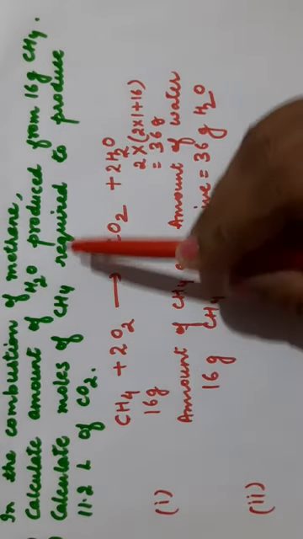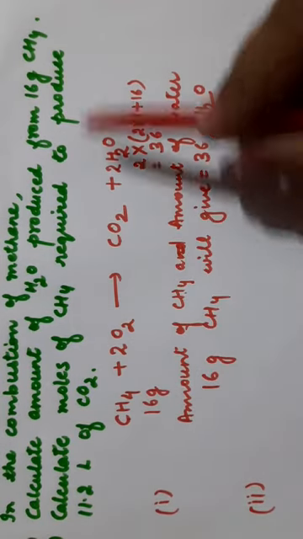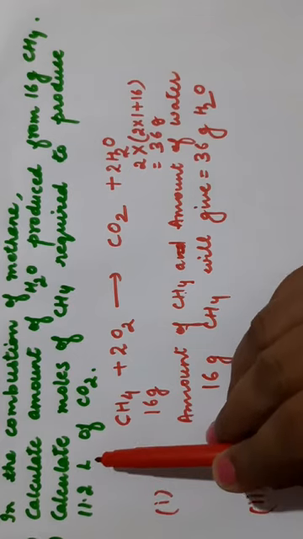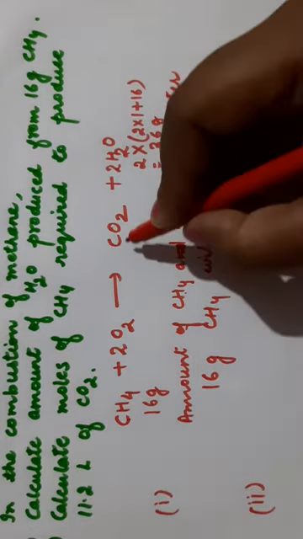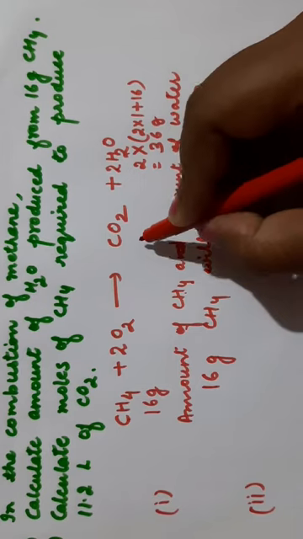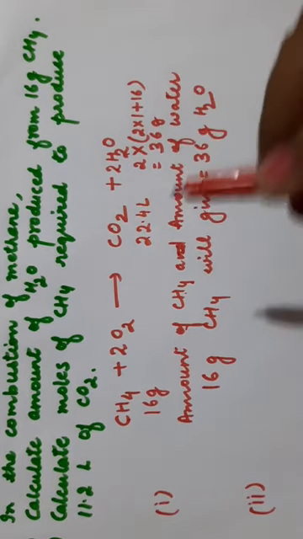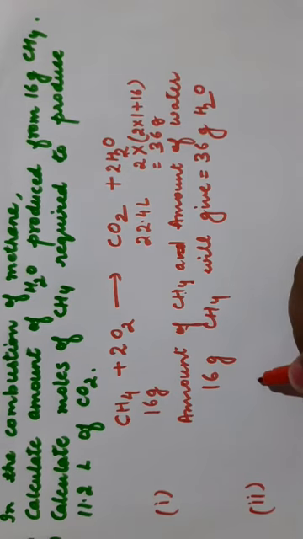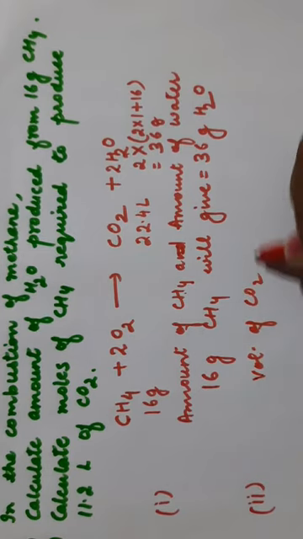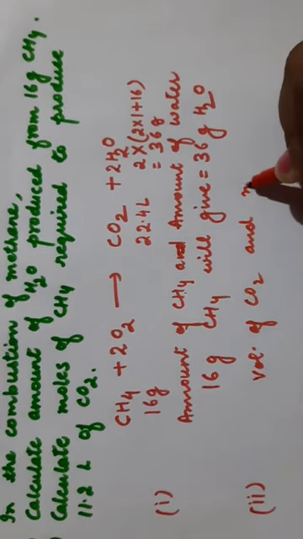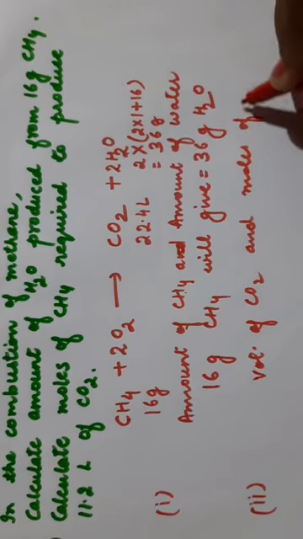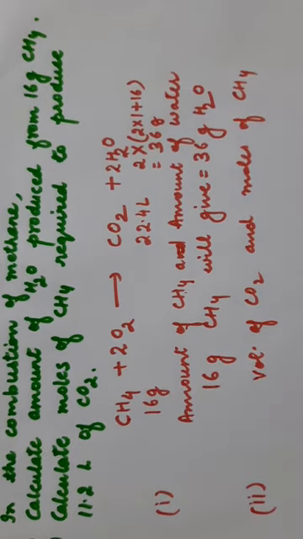Calculate moles of methane required to produce 11.2 liter of carbon dioxide. What is here? 1 mole, the volume is 22.4 liter. Clear? We have to write the relation between the volume of carbon dioxide and moles of methane.